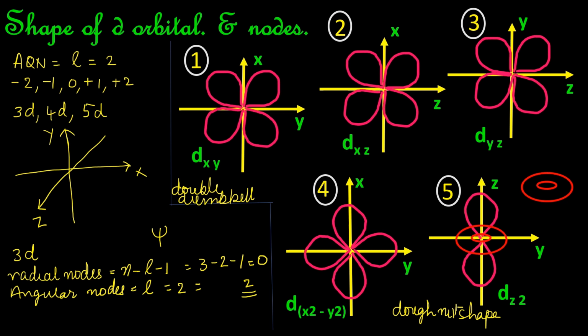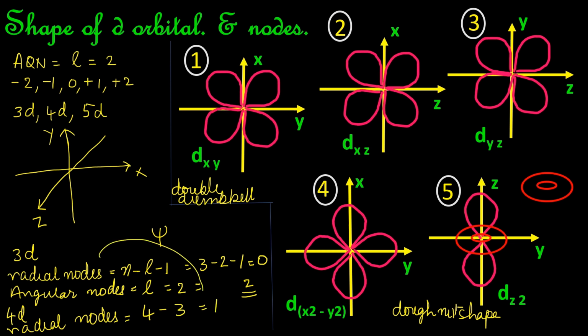Coming back to radial nodes, the number of radial nodes will be 0 for 3D, but for 4D, there will be one radial node. For 5D, there will be two radial nodes and so on. For example, the number of radial nodes for 4D will be equal to 4 minus 3. That will be equal to 1.